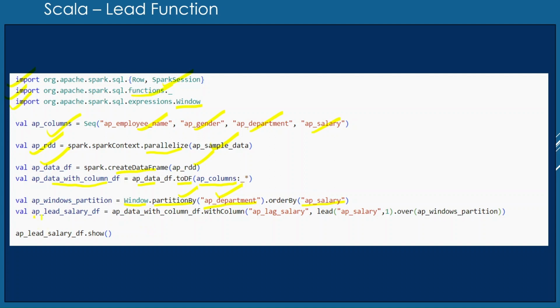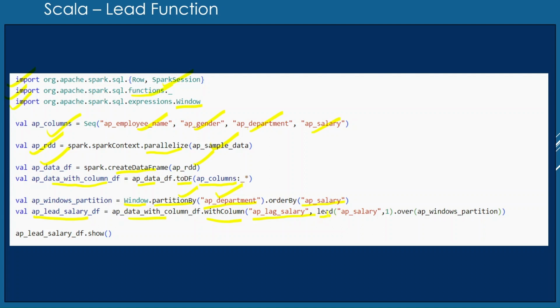Here I am creating this data frame. I am creating this column with the help of the withColumn function, which is applied on this data frame. How will the data of this column be populated? It will be populated with the help of the lead function.